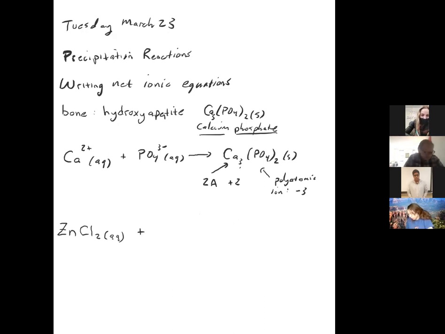It's combining with potassium sulfide. And then you get 2 products, zinc sulfide and potassium chloride. All right. Okay, so take a look at this.